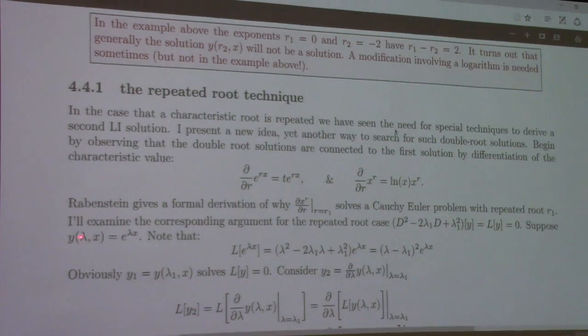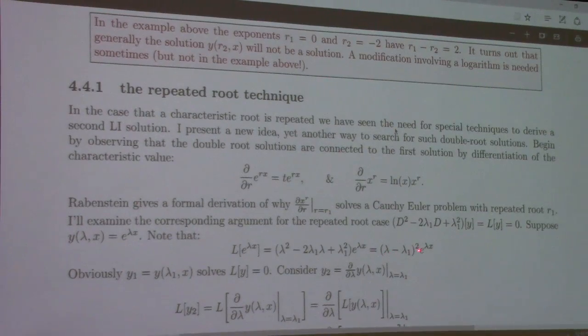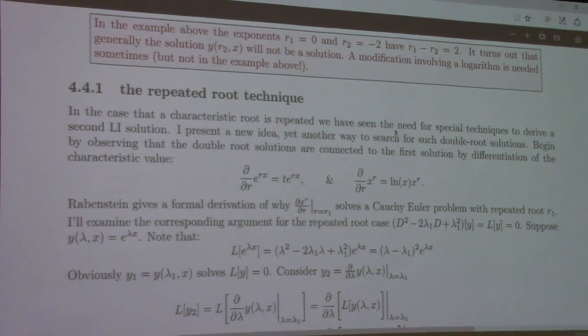Suppose that y lambda of x equals e to the lambda x. Then if you look at L of e to the lambda x, what do you get? You get lambda squared minus 2 lambda 1 lambda plus lambda 1 squared, times e to the lambda x, right? And that's lambda 1 minus lambda, squared, times e to the lambda x. So if I look at y2 as the partial with respect to lambda of y lambda, e to the lambda x, I can show that that's a solution because L of y2 would be L of this, right?